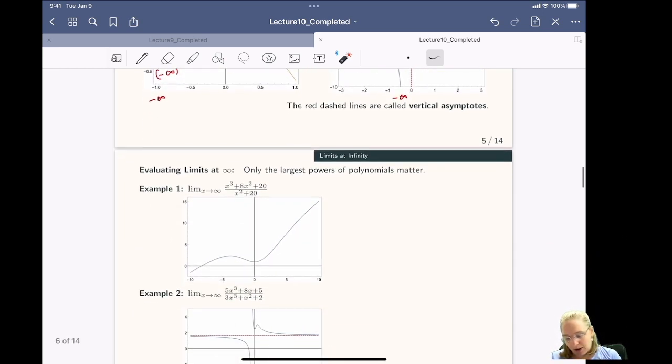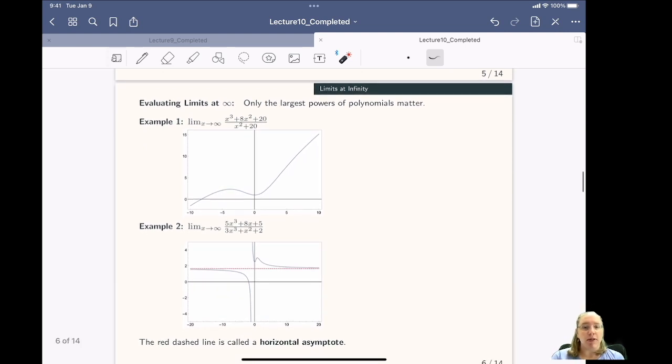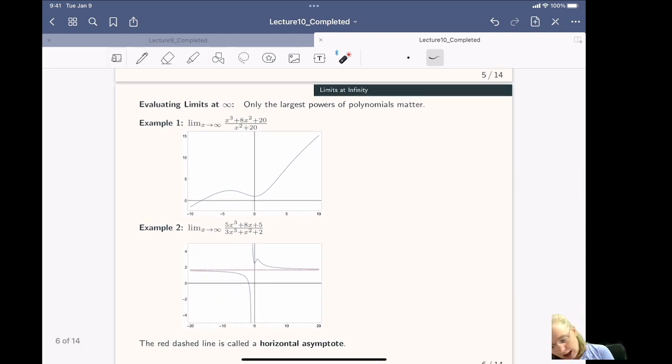So taking the limit of ratios of polynomials is really fun as x goes to infinity. And note, the important thing here is that it's only for the cases where we're evaluating it as the independent variable goes to infinity. So this doesn't work if we're going towards 0, but it works if we're going toward infinity.